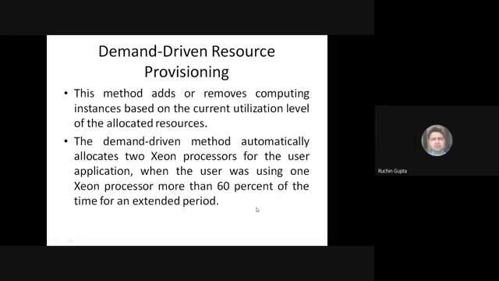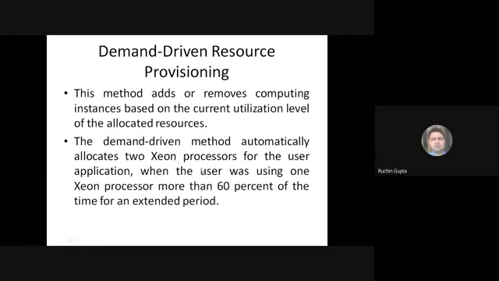All of you are aware of what a processor is. I3, I5, I7 are processors. Similarly, a Xeon is a processor. So what this demand driven method will do is, if the utilization of the processor is 60% for a particular period of time, then it is going to add one more Xeon processor to the user.